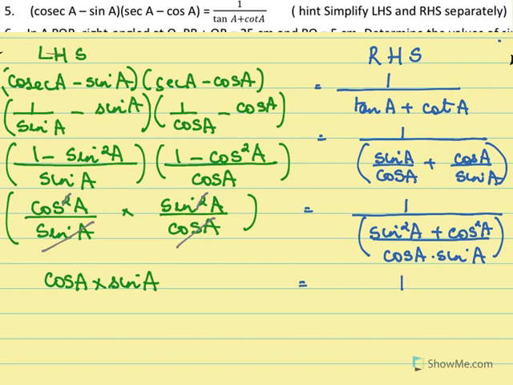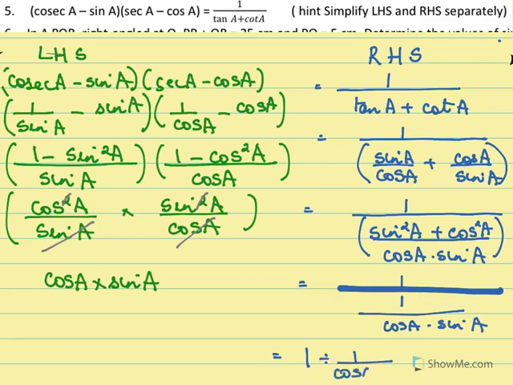Now for the next step we have 1 over, now sin square plus cos square you know is 1, over cos A sin A. Now the division is at this point. Here is your division, right? So what is the meaning of this is 1 divided by 1 over cos A sin A, which is equal to 1. The division I make multiplication, reciprocal, cos A sin A over 1.